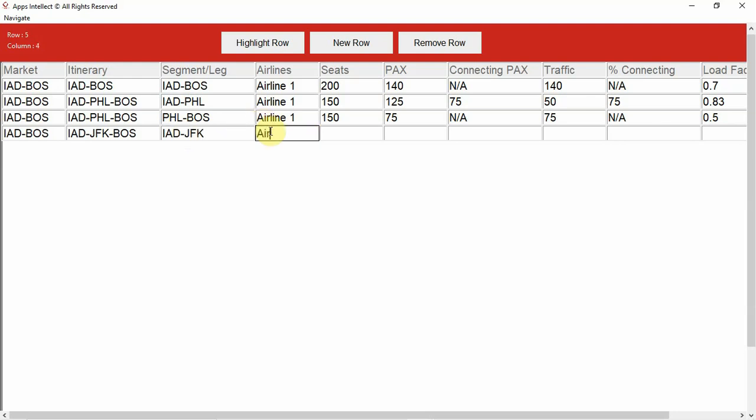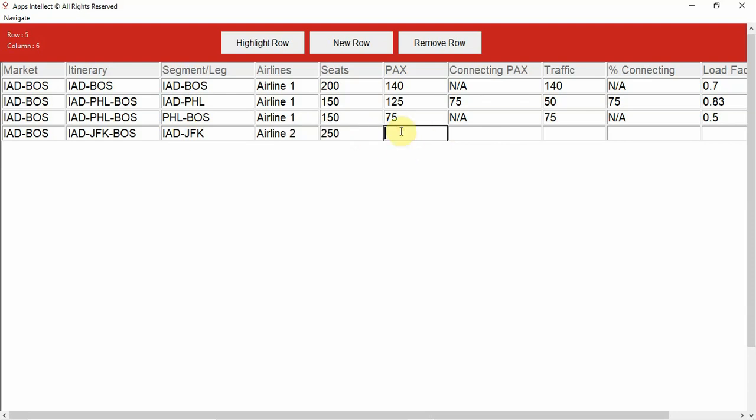This is Airline 2. We are comparing Airline 1 and 2 for the market share based on the schedule and the daily frequency they are flying on the same routes. Airline 2 is providing an aircraft with a capacity of 250.